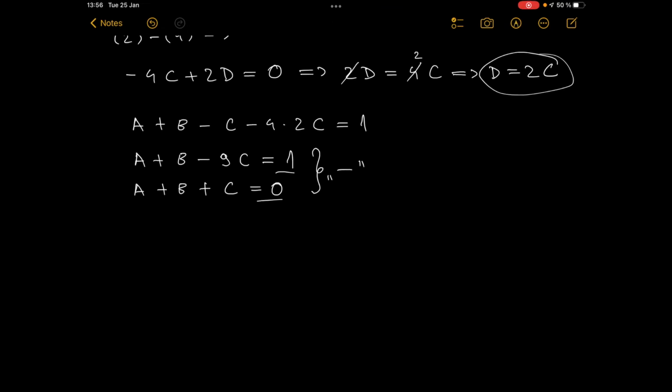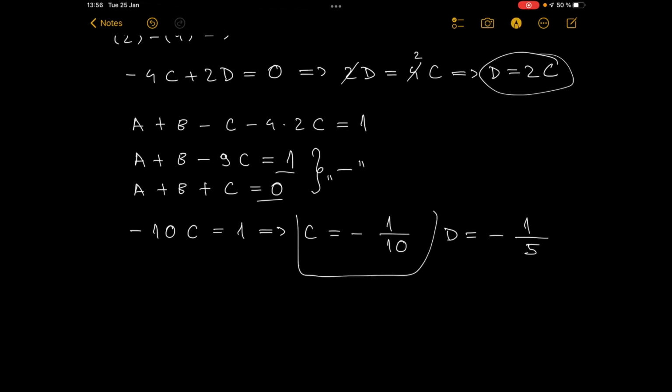Minus 9c minus c, minus 10c is equal to 1. Therefore, c is equal to minus 1 over 10, which would make d equal to negative 1 over 5. Okay, so these are our first two results.